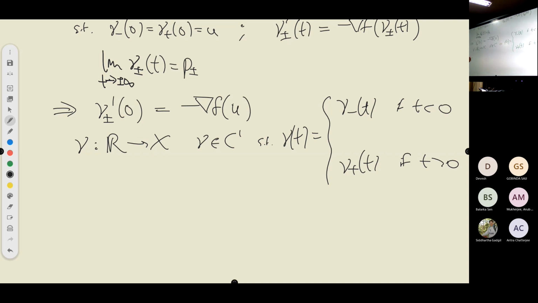And this now has the property that the limit as t tends to plus or minus infinity of gamma t is equal to p plus or minus, and gamma 0 is equal to u.